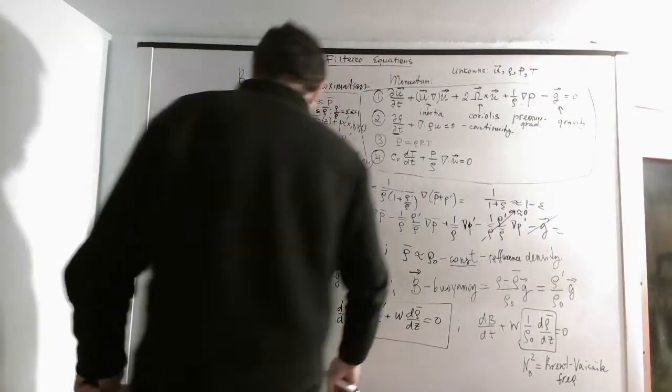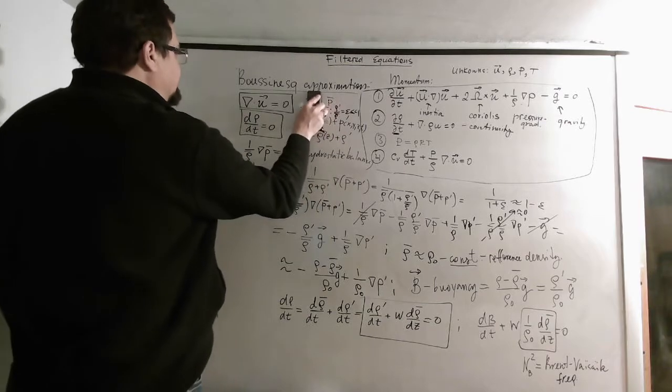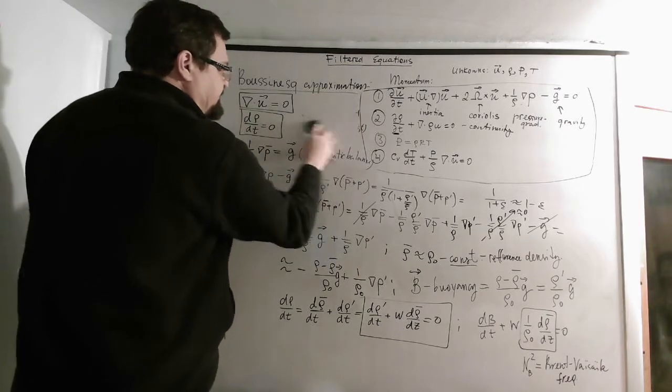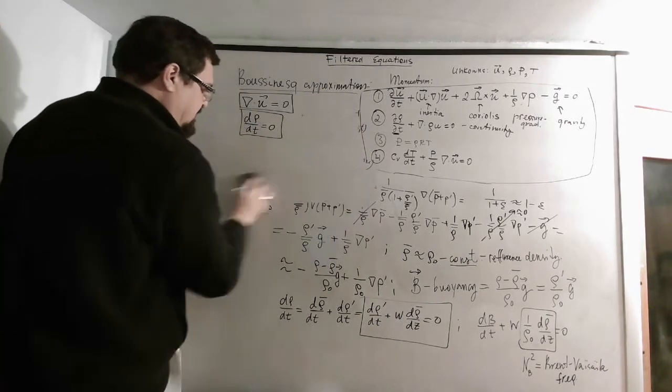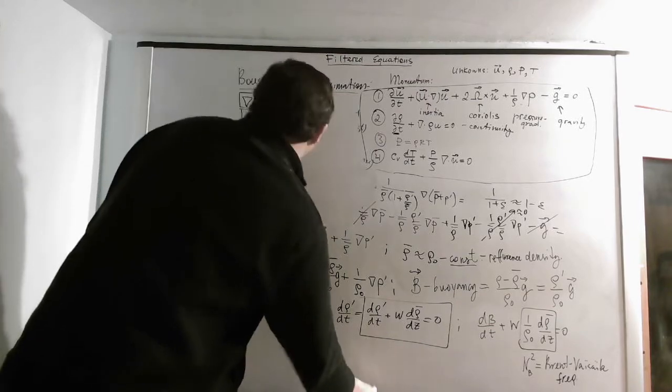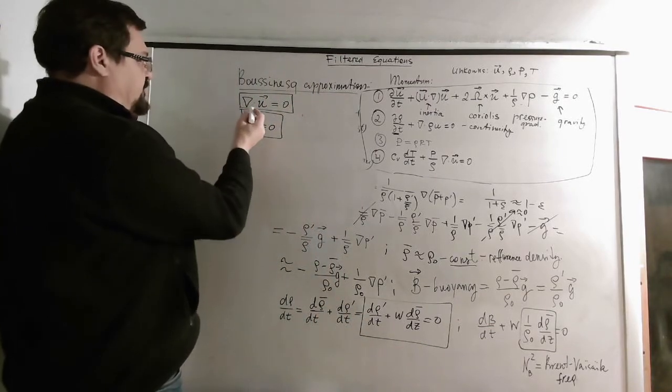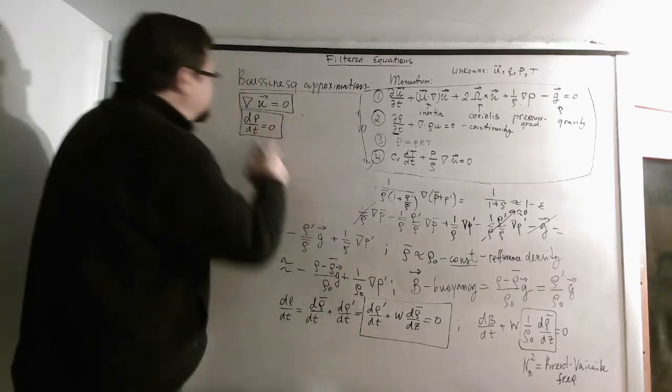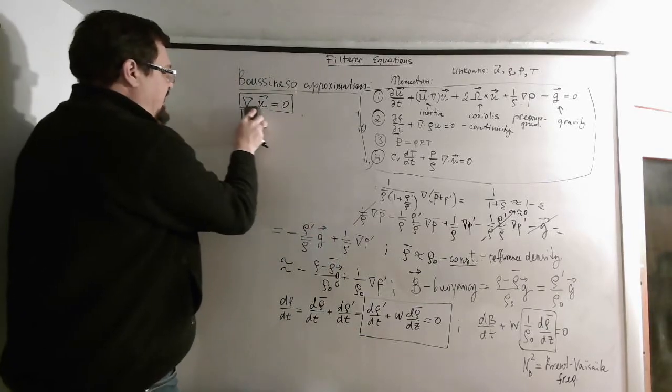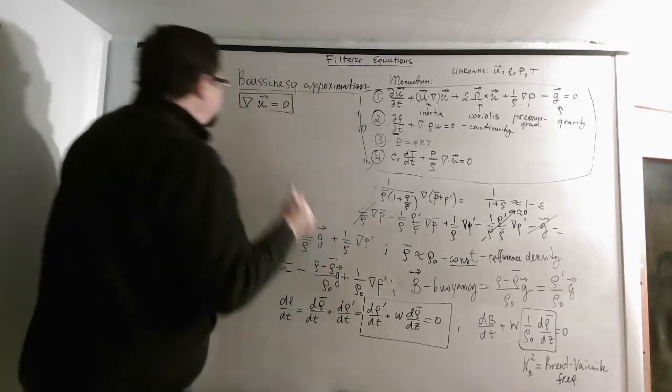So now our Boussinesq equations are written as follows. This one is still valid: divergence of u equals 0.